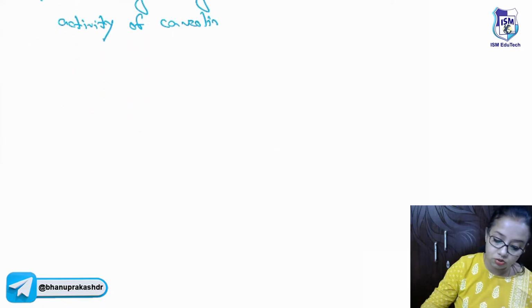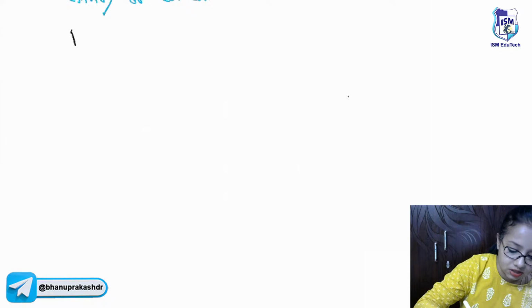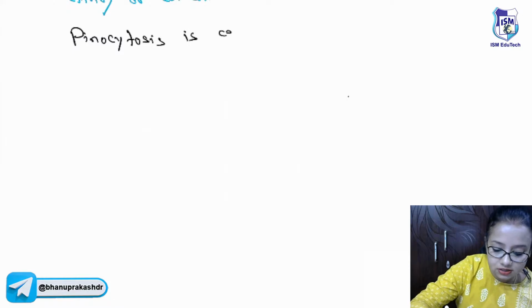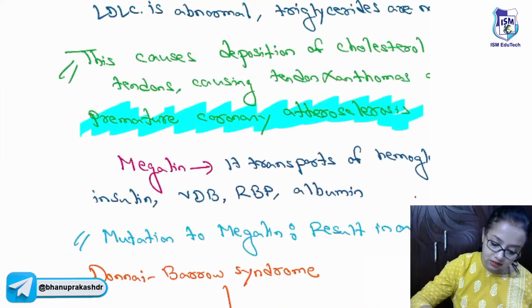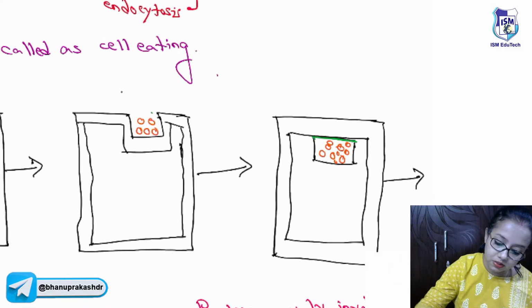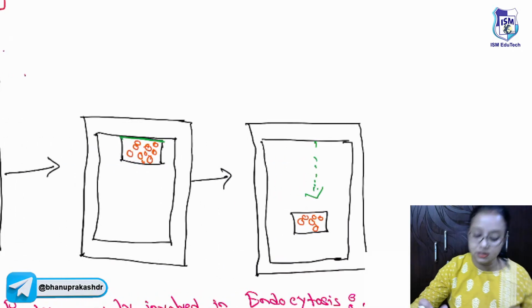Now that we have understood what endocytosis is, pinocytosis is also very easy. Very quickly we can write what pinocytosis is. Pinocytosis is like cell drinking, as the diagram shows. The same thing happens, but instead of the bigger molecule, the molecules that enter will be smaller in size.